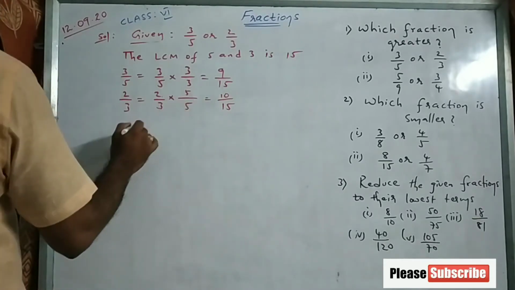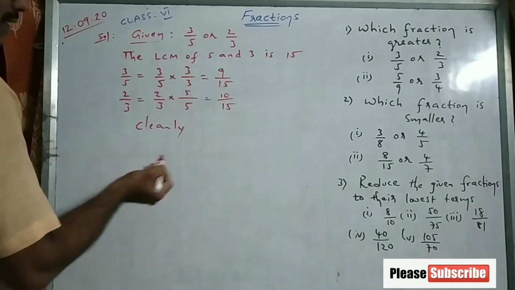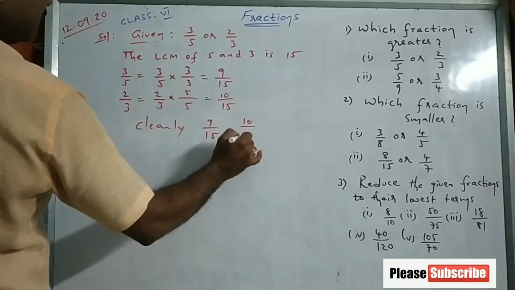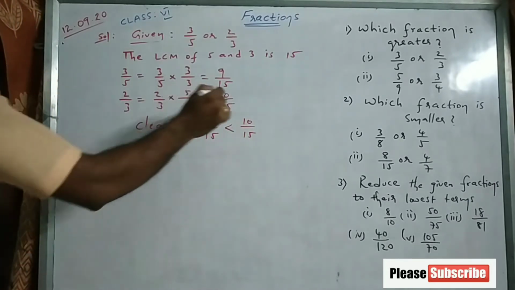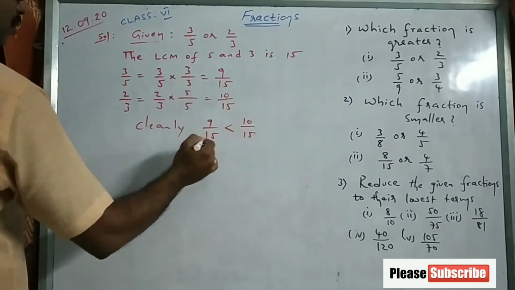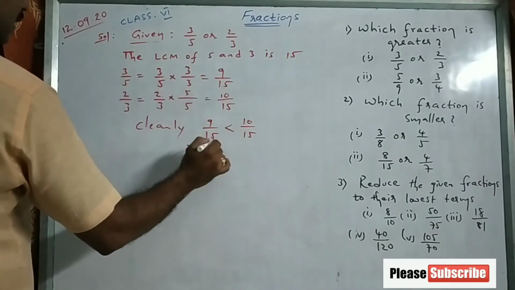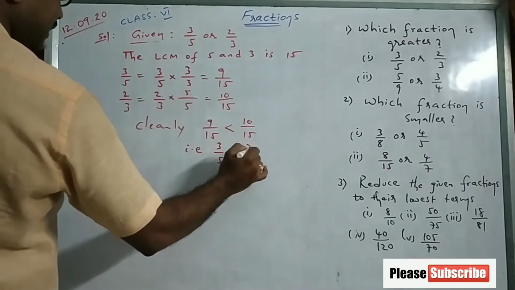Now clearly you can decide which one is greater among these two. Which one is greater? 9 by 15 or 10 by 15? Yes, 10 by 15 is greater because the denominators are same now. That is, 9 by 15 means our fraction 3 by 5 is less than 2 by 3.